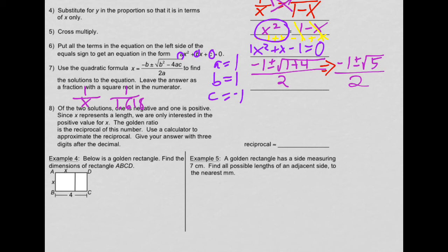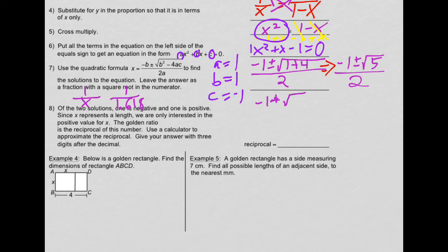So first, let's calculate all of this stuff right here. We can just plug that into the calculator, and so we get negative 1 plus, remember, it's just going to be plus, because it's a distance, and we're not interested in negative numbers.